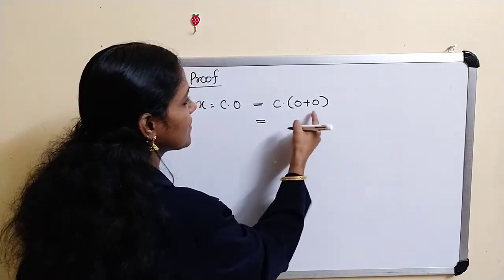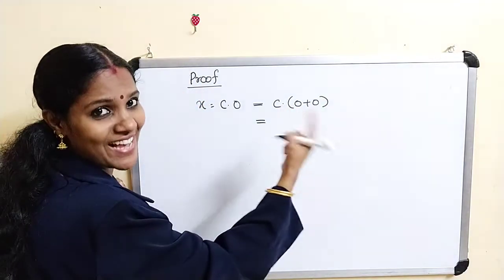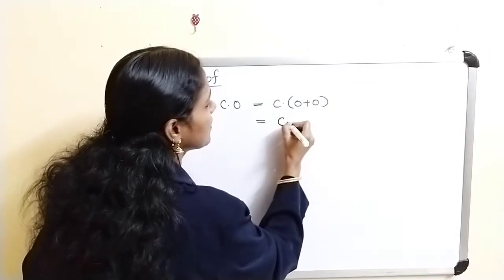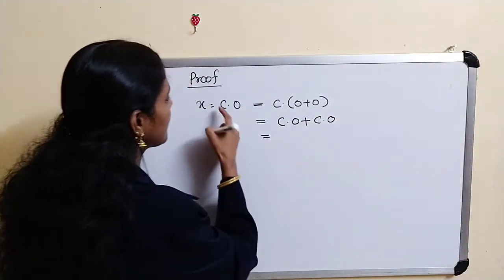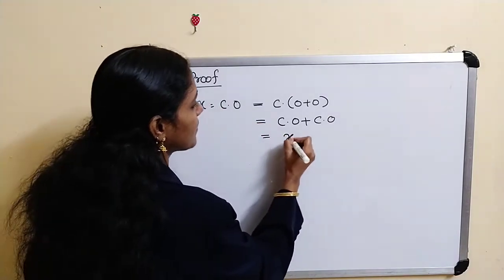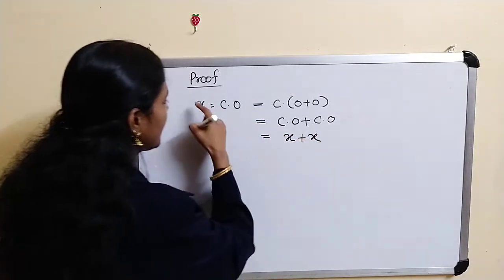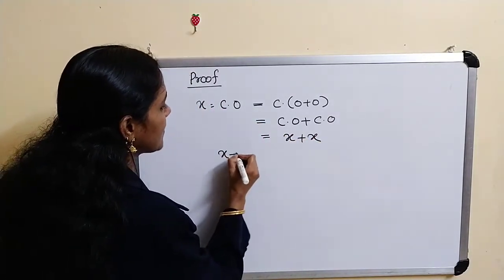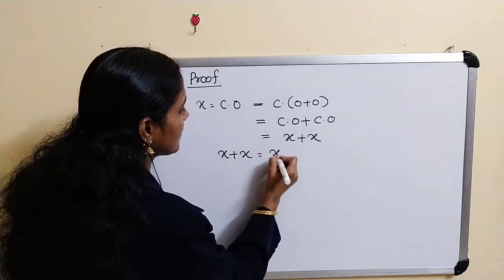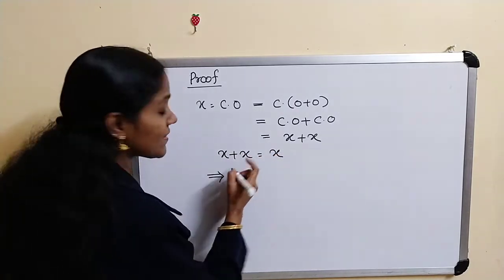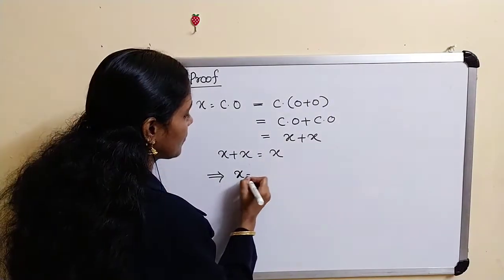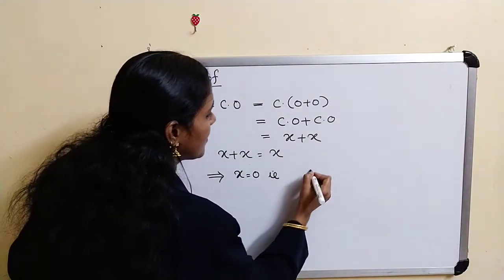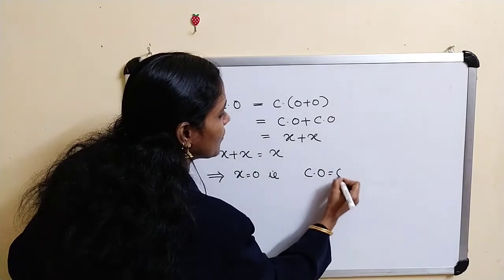And here c into alpha plus beta is c alpha plus c beta. Therefore this is c into 0 plus c into 0, and c into 0 is x. So x plus x. Thus we get in this case x plus x equal to x. This implies by our result x equal to 0. That is our c into 0 equal to 0.